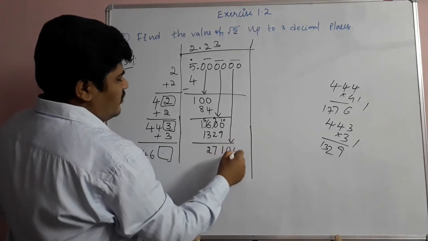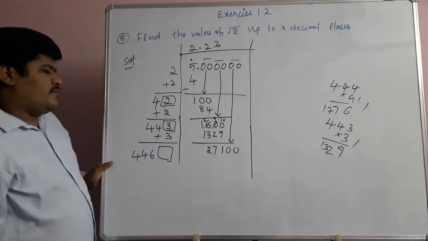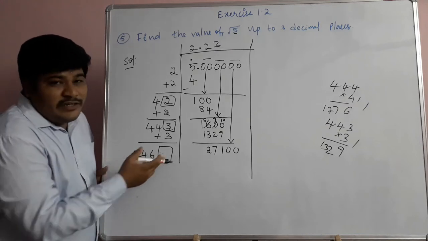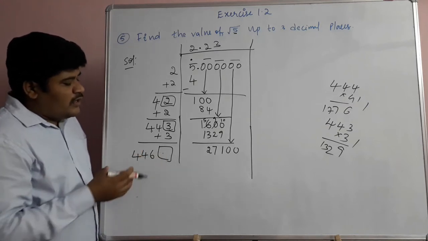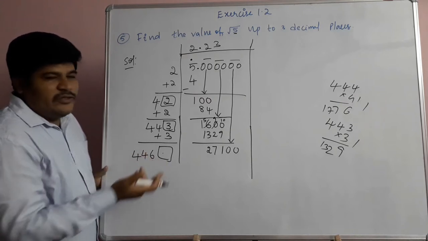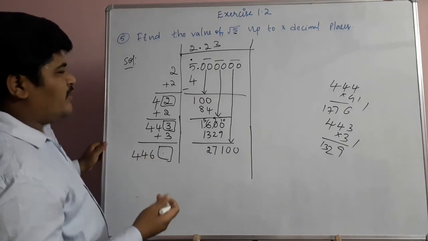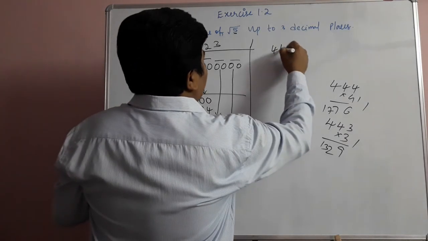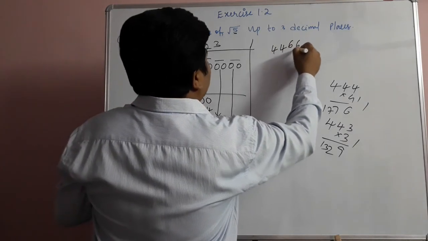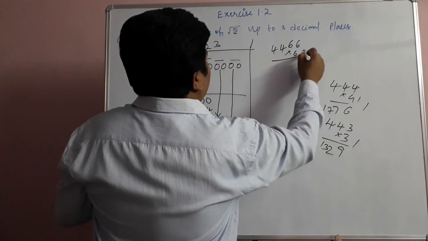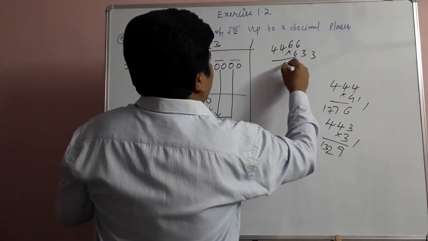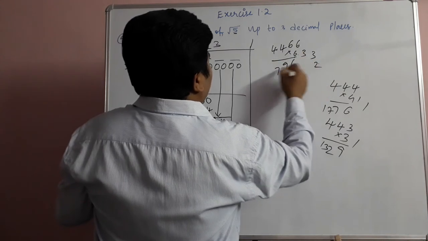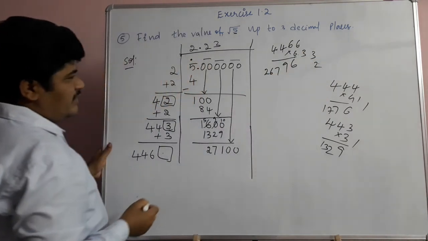So what is this? 27,100. So students, it will be like 4,461 into 1, or 4,462 into 2. Like that we have to take the number, children. So the nearest small number I am checking with 4,466 into 6. So 6 6s are 36, 39, 27, 26,796.